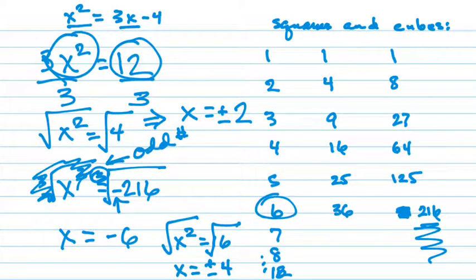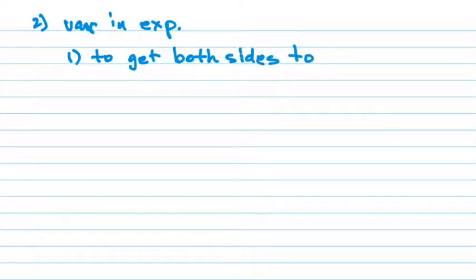Now, the second case is when you have the variable in the exponent. What you have to do here is get both sides to the same base.